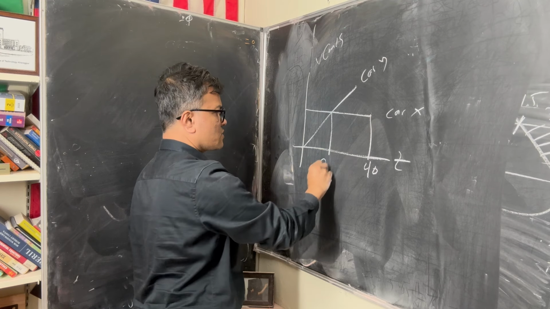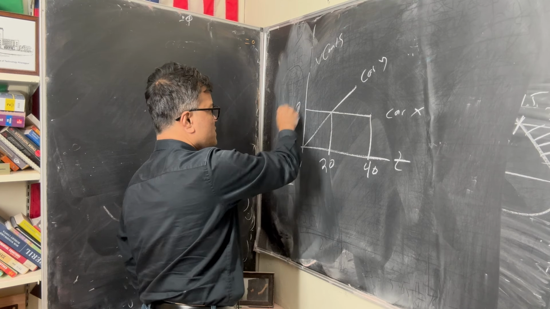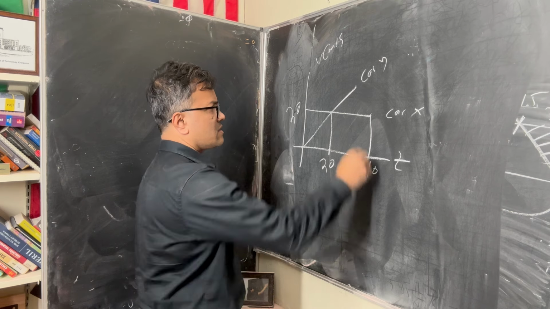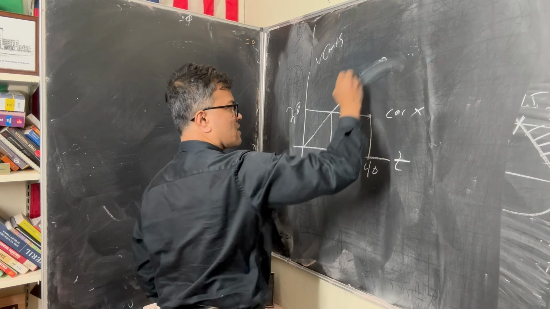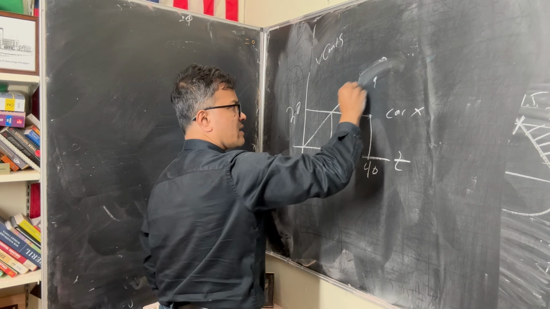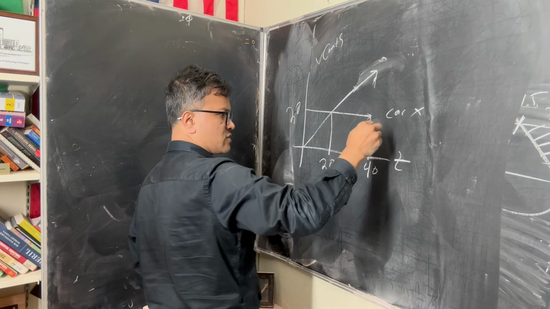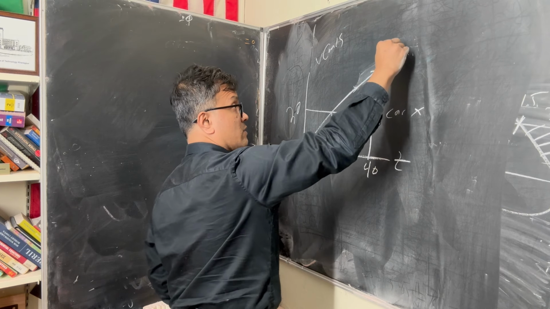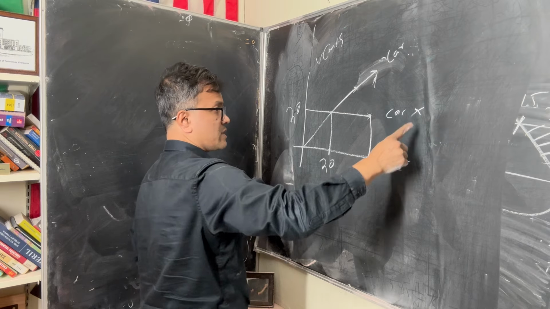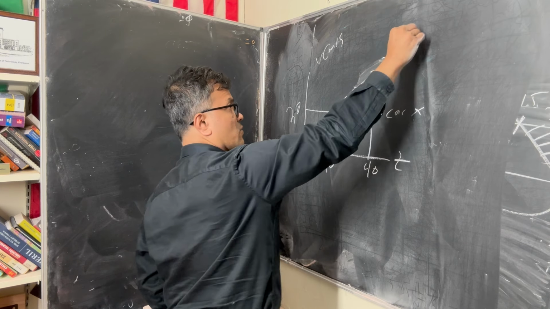We're going to call this one 20. I ask you to use this 20 and put an arrow over here because, oh, this is 40. So this is going to go a little bit more right here. I'm not even trying to draw it to scale. This one is car X. This one is car Y.